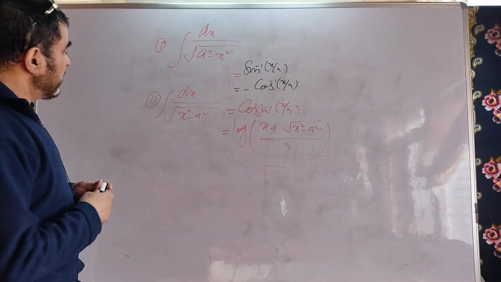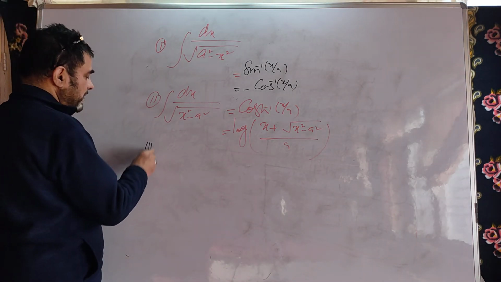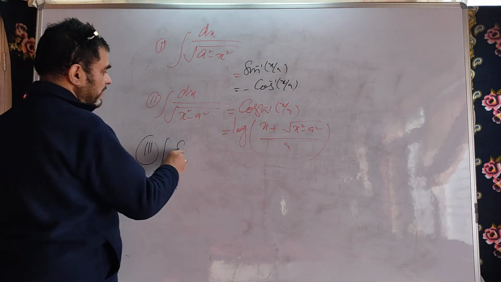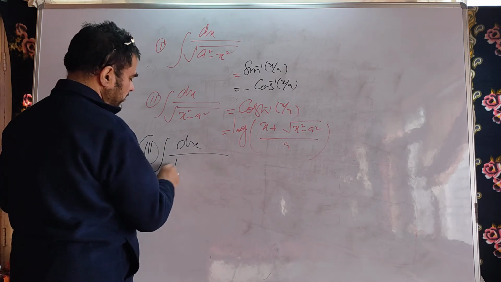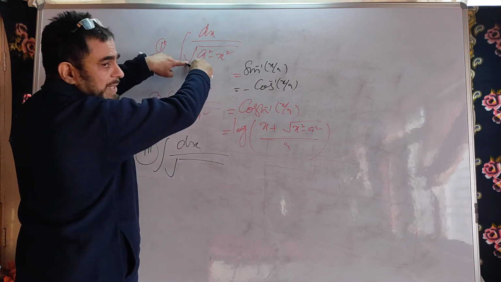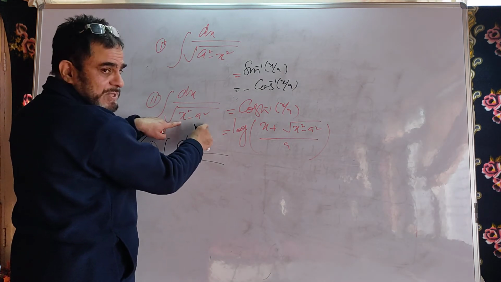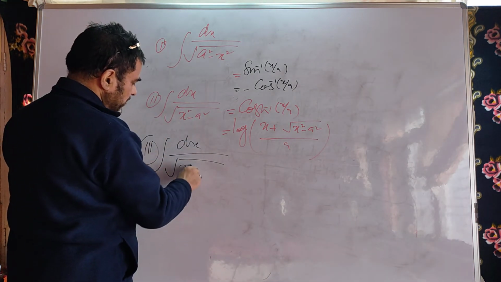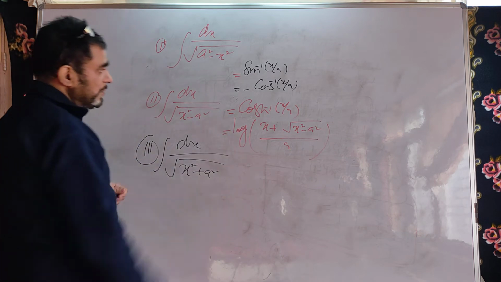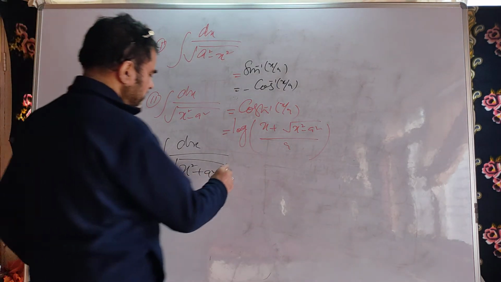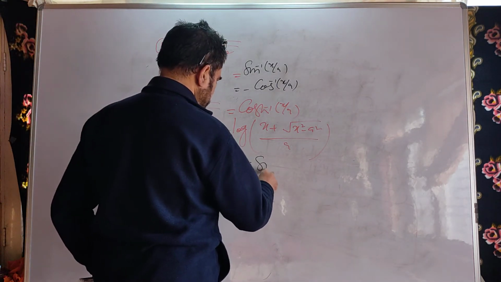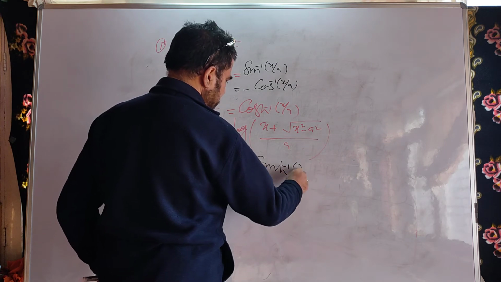Then you have the third one. You may have integral of dx by under root of x square plus a square. You see the different roots: root a square minus x square, root x square minus a square, then root x square plus a square. You did this also. What is this? It is sinh inverse x by a.